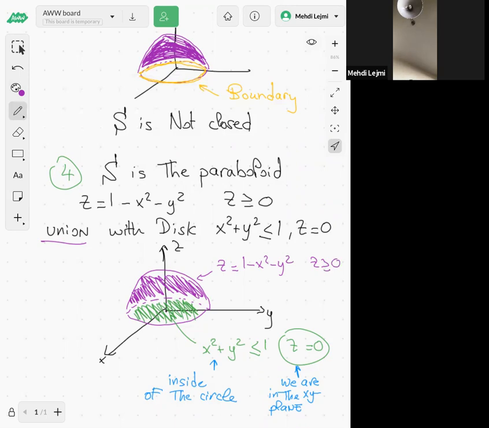So your surface S is like your paraboloid in the top, and in the bottom you glue the disk, right? So in that case, your surface S is closed. It has no boundary.